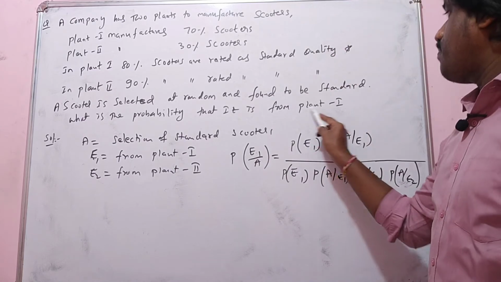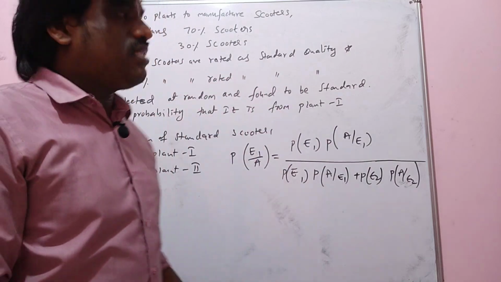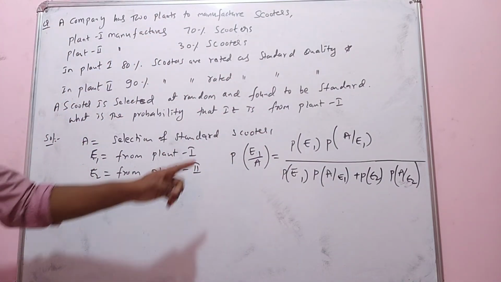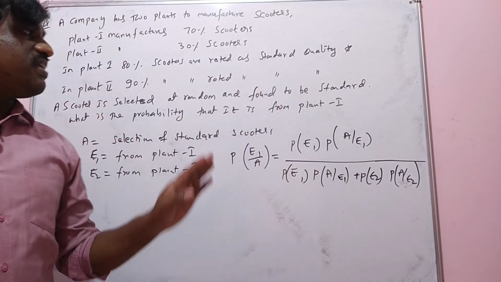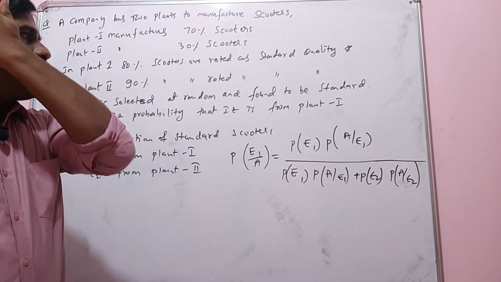It is asking about plant 1. So this is what we call Bayes theorem. If it were asking the probability that it is found to be standard, that would be the total probability.